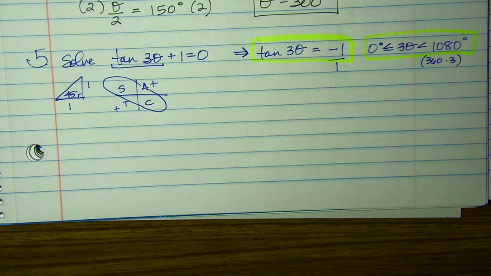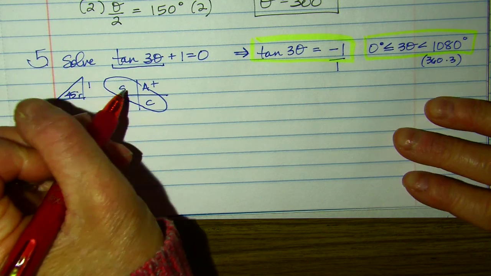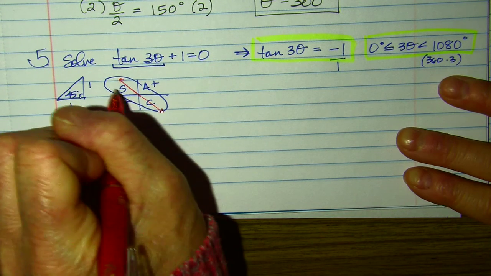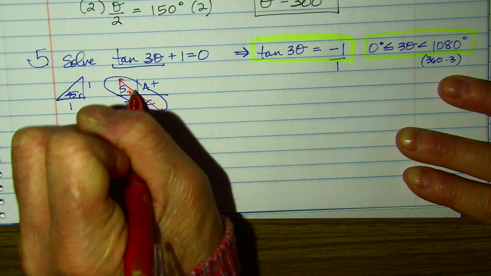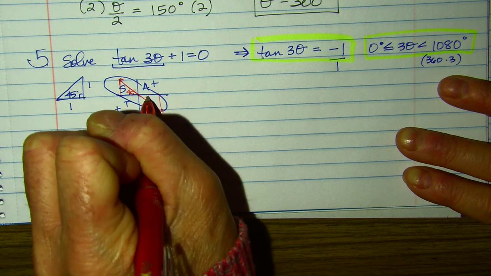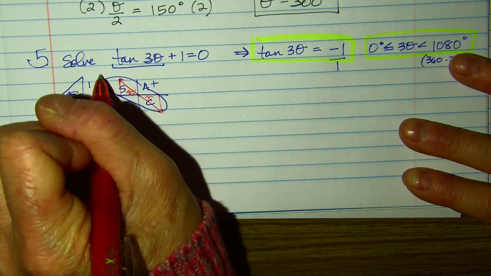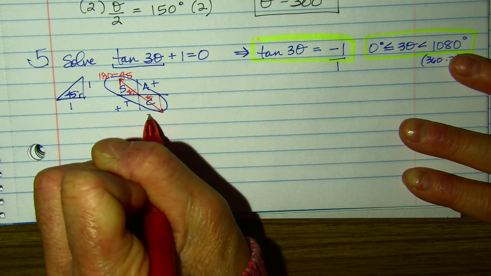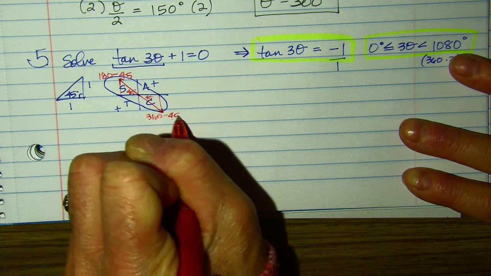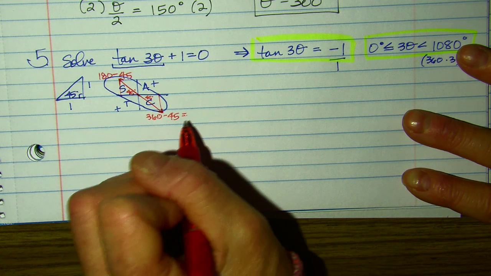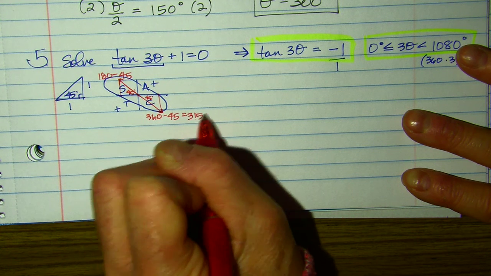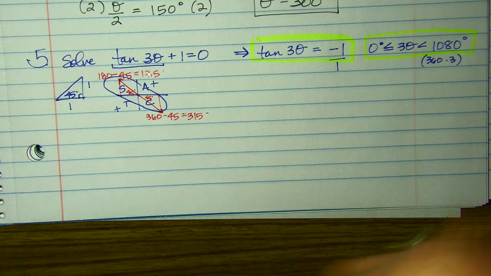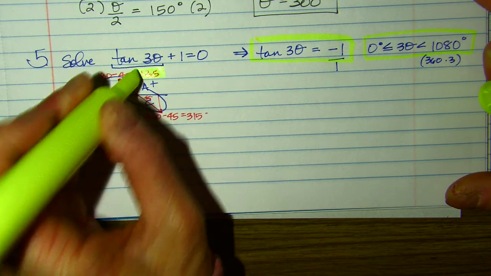So I'm looking for the 45-degree angle here and here, right? So this would be 45, and this little guy here would be 45. So this in here, this would be 180 minus 45. This quadrant would be 360 minus 45. So this is, I believe, 315, and over here 135. So those are my 2 angles.